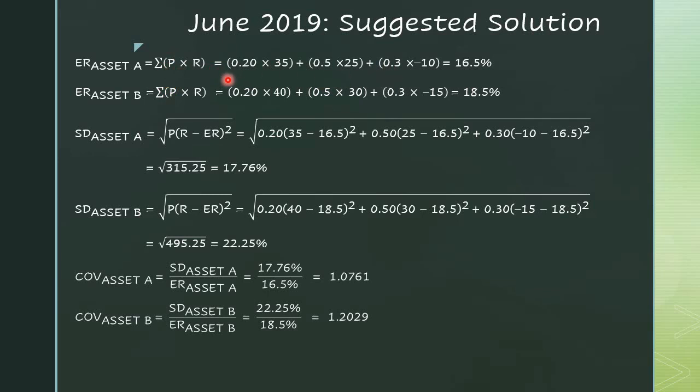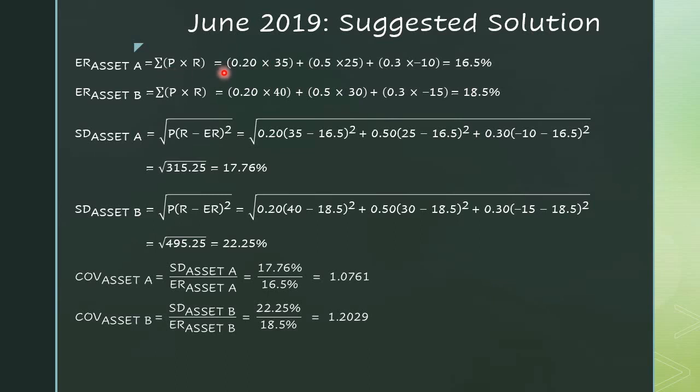So if the question doesn't give you 0.2, but instead gives you a 20% chance, 50% chance, and 30% chance, do not, I repeat, do not put 20 times 35. It will be wrong because probability is a weightage.